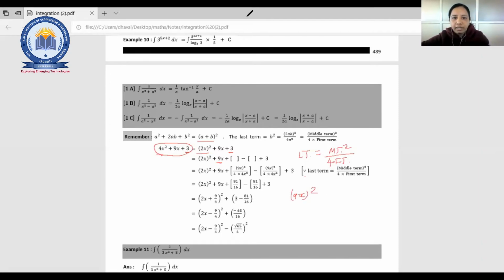And the same thing is applied upon 4 into the first term. So the first term is what? 4x square. So 4 into that first term, that is 4x square, right? So that will be easy for you to find out the term. Any term you can find out, right?